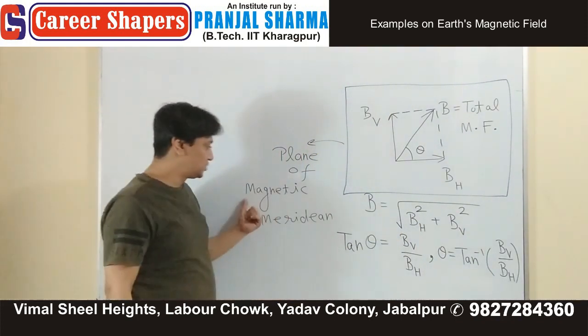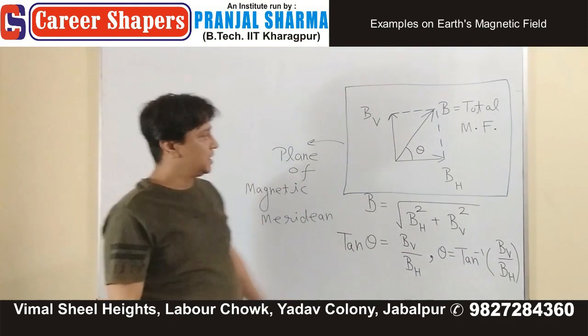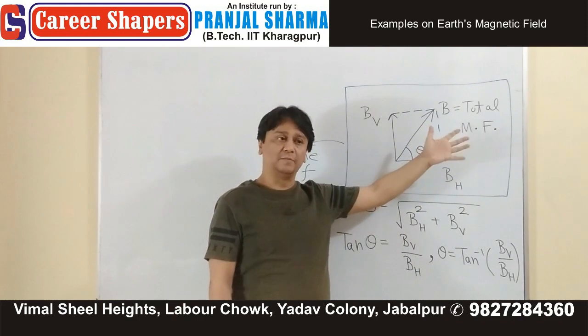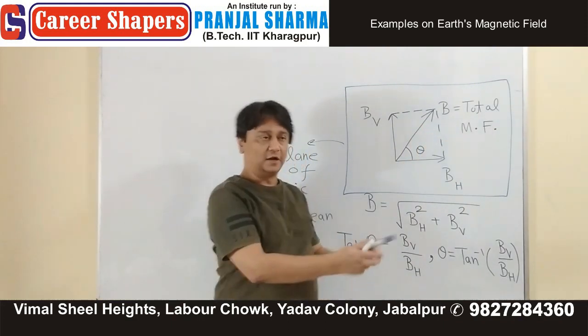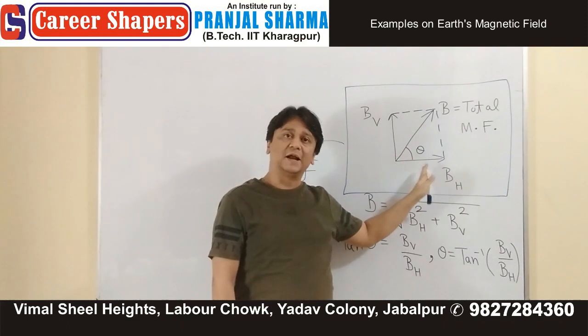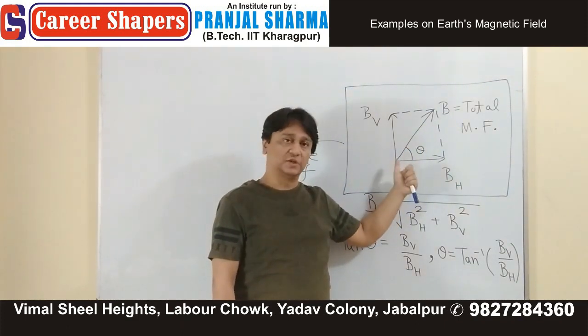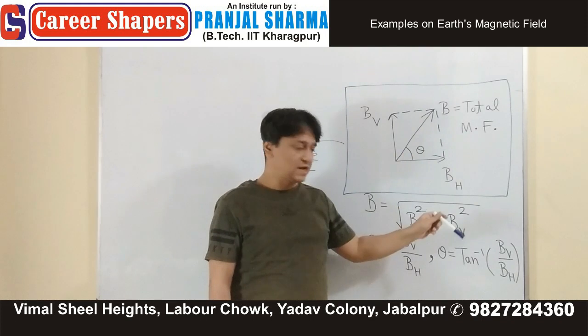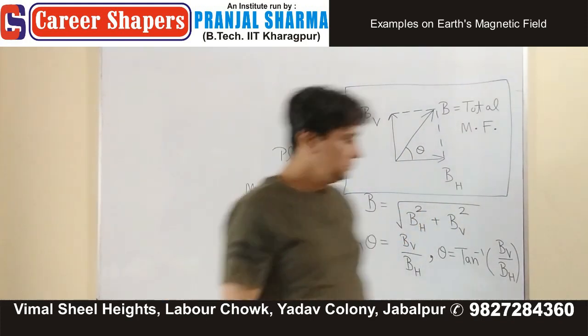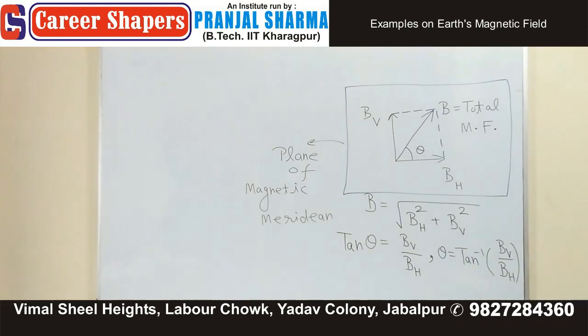And therefore I'm using magnetic meridian. In that plane of magnetic meridian, if you hold your compass, then its needle will give you the proper angle of inclination in this case, and if it points like this, it will give you the angle of dip. Mention this part.